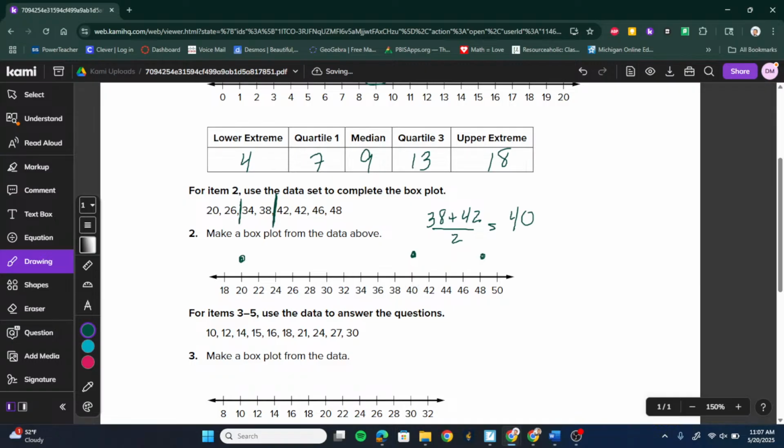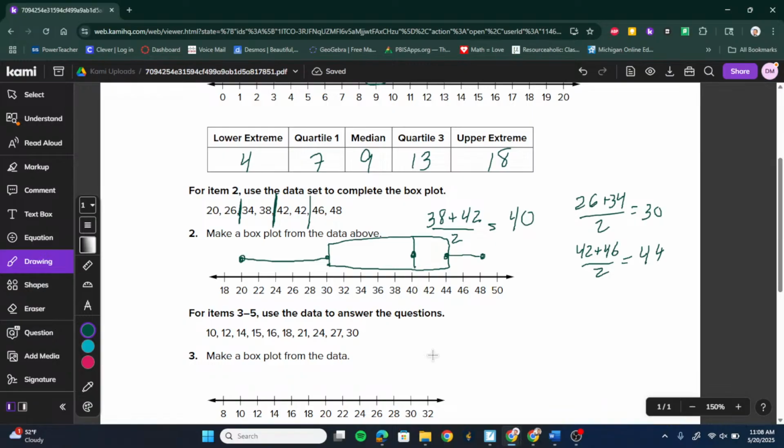Now we need the middle of the lower half, and the middle of the upper half is 42 plus 46 divided by 2. We connect the top and first 2 points and the last 2 points with line segments, and then we make a box for the middle. So that's what our box plot looks like.